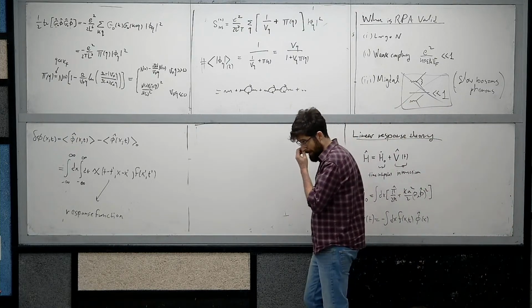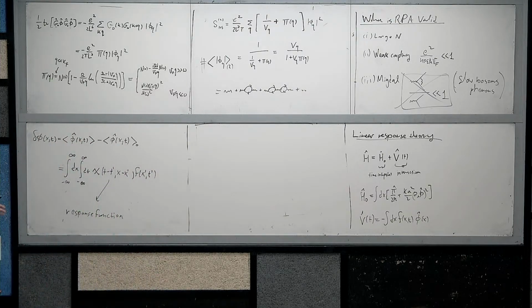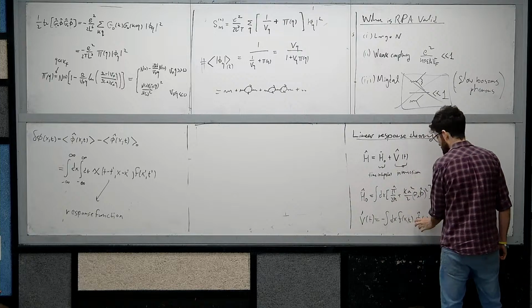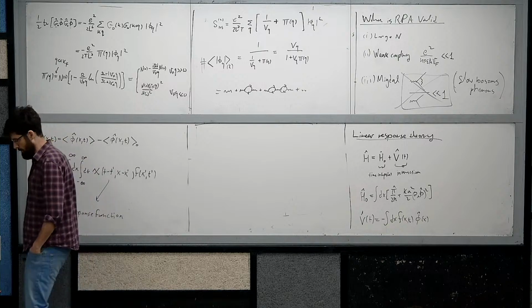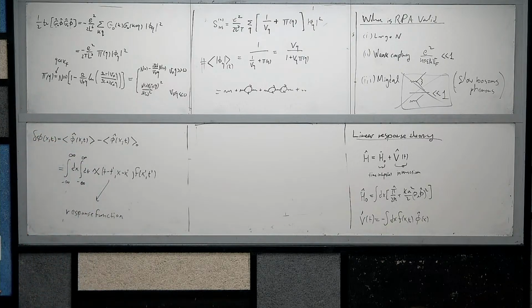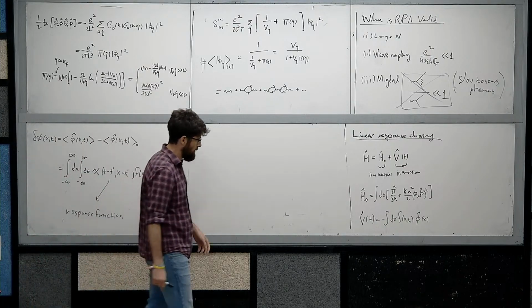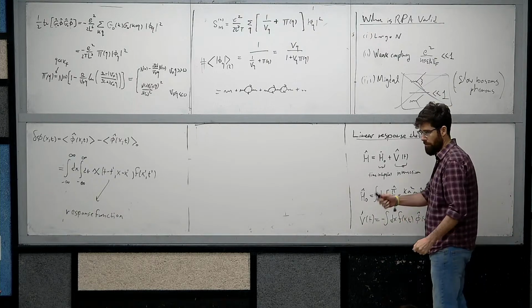What else? If you're shooting X-rays in the material, then X-rays couple to density. So this field will be your X-rays, and this will be the density. Also with magnetic fields. If you're applying a magnetic field which is time dependent, then this would be the magnetization in the sample, and this would be the magnetic field that you're applying.